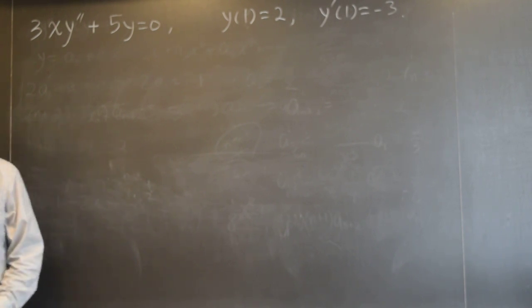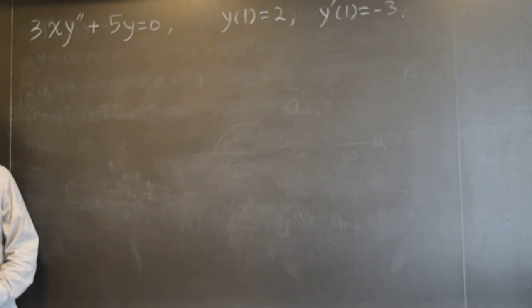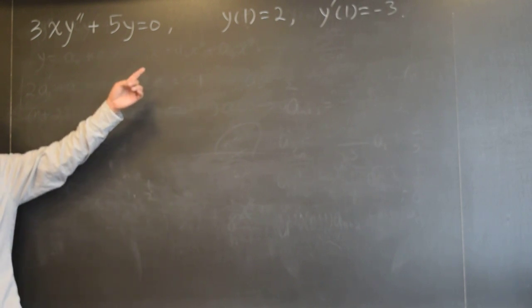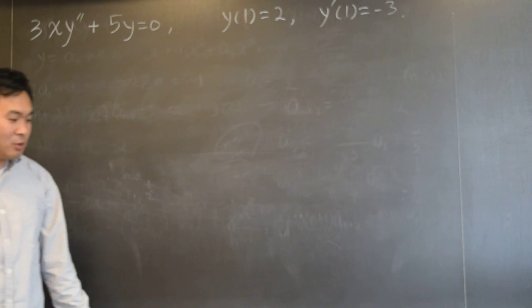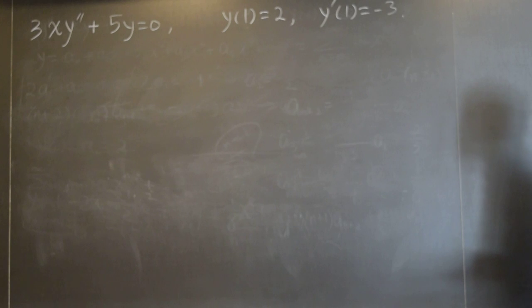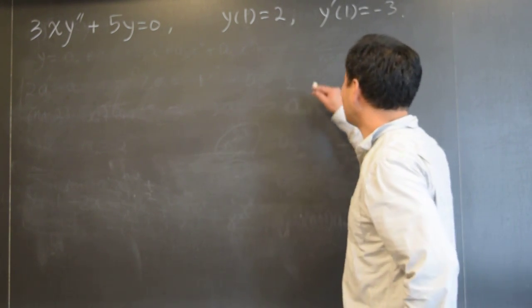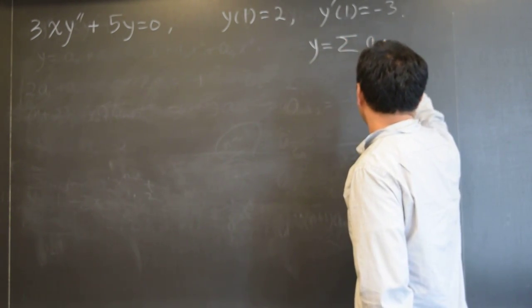However, there are cases where you want to find the solution for power series around 1 rather than 0. So we learned there's something called the Taylor series centered at x equal to a, or power series centered at x equals a.